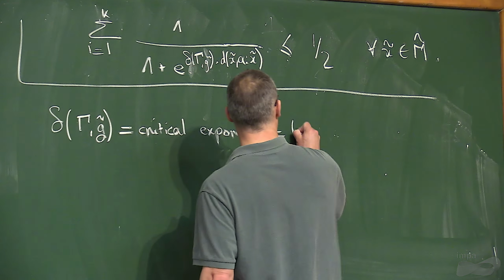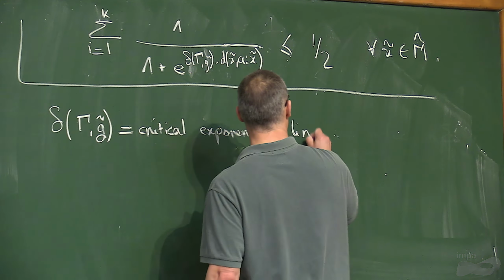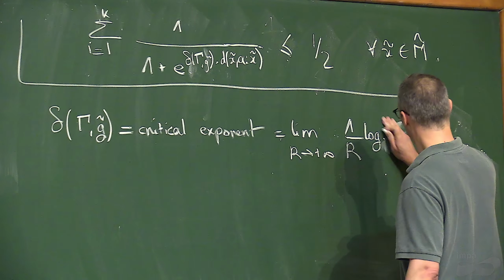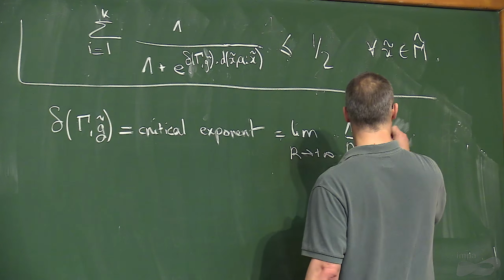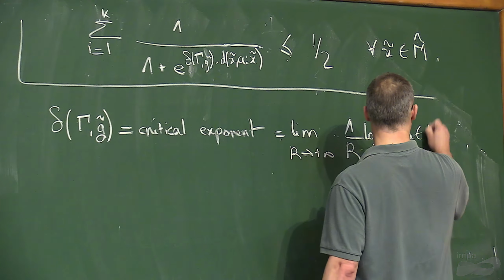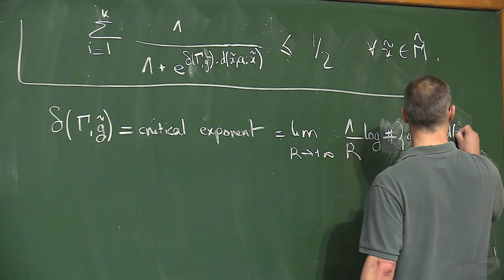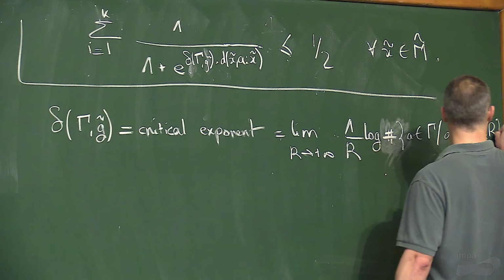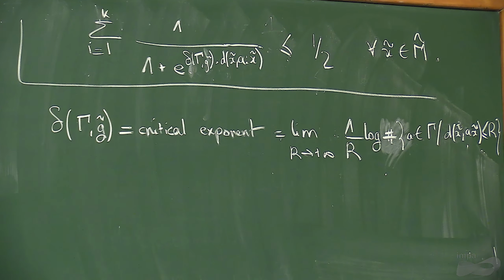And this is defined as the following limit. So it looks like the volume entropy.